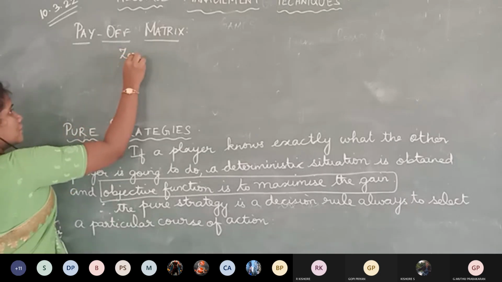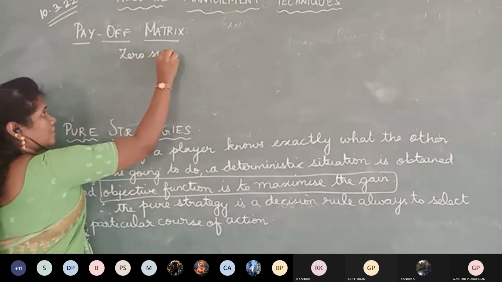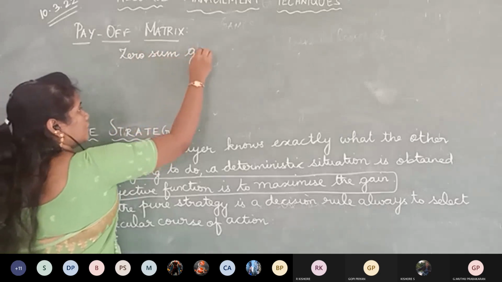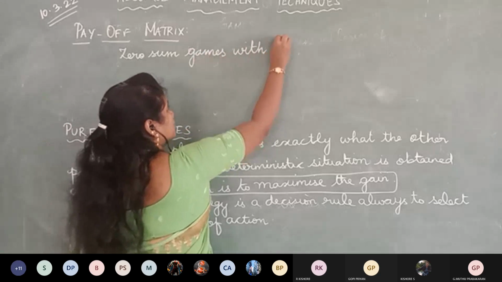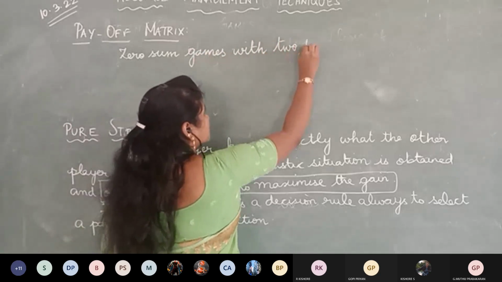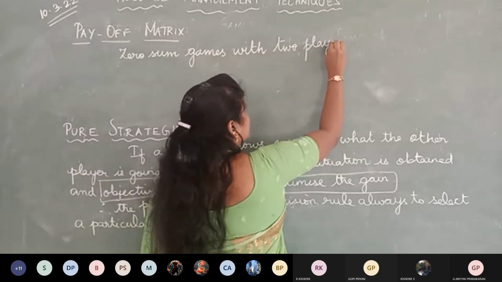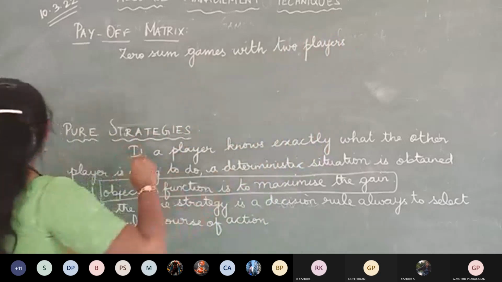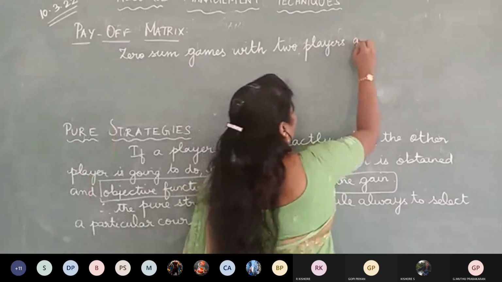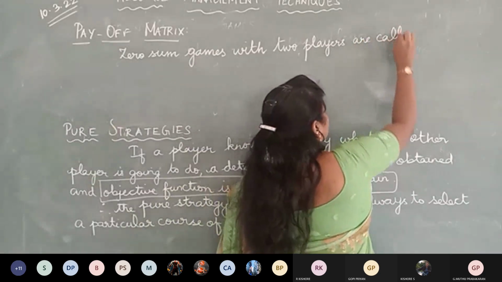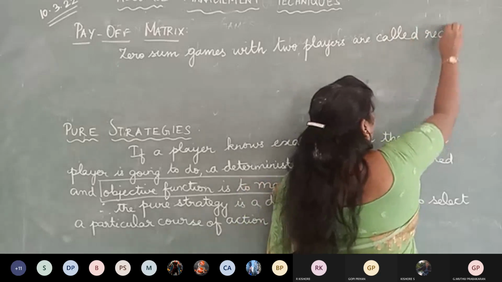You know what is your zero sum games? Zero sum games with two players are called rectangular games.